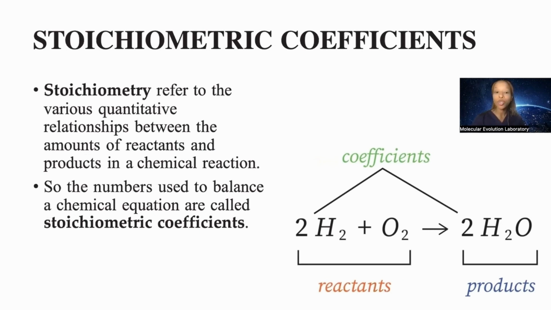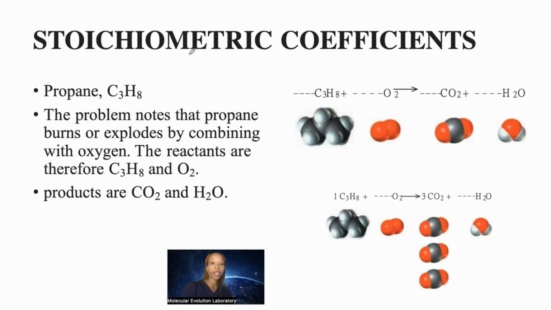So the numbers used to balance a chemical equation are called the stoichiometric coefficients. You will have to learn how to balance equations, and we'll get to that in more detail in a practical sense. So the numbers that are inserted here to balance the equation on the side of the reactant and the product are called the stoichiometric coefficients. So here we have propane, C3H8.